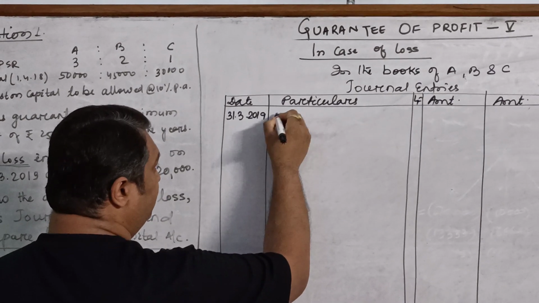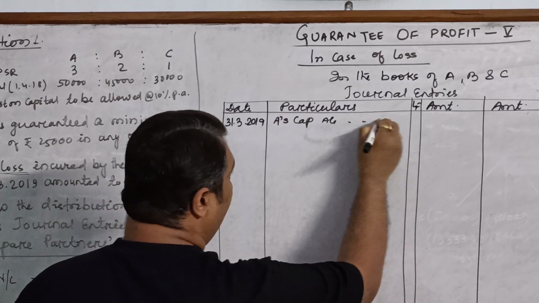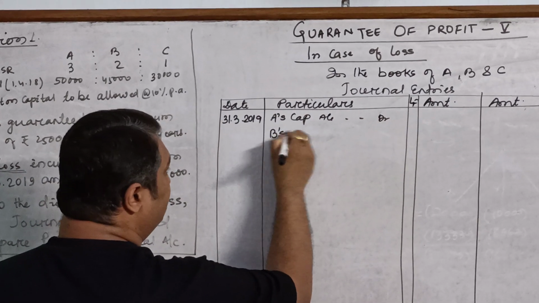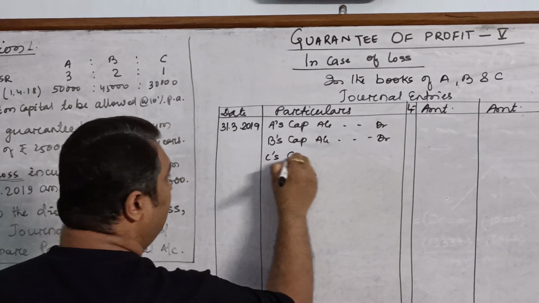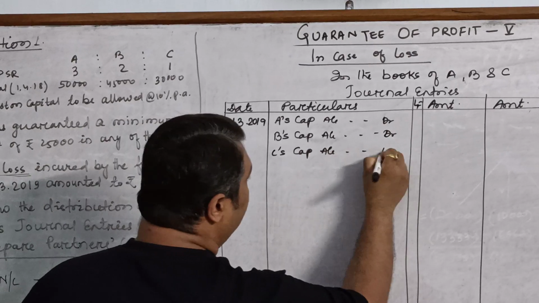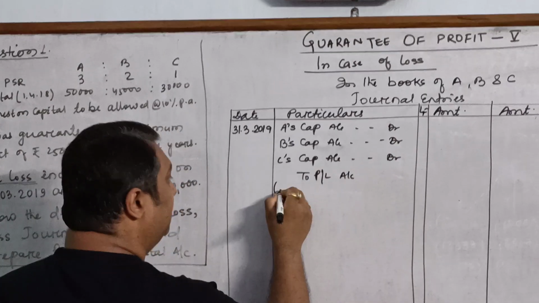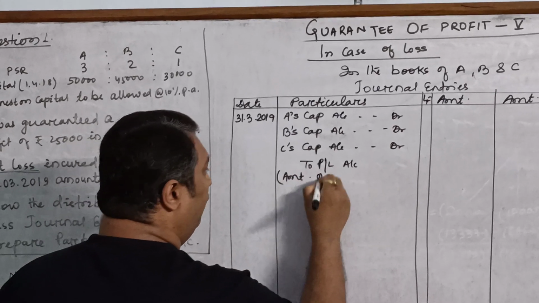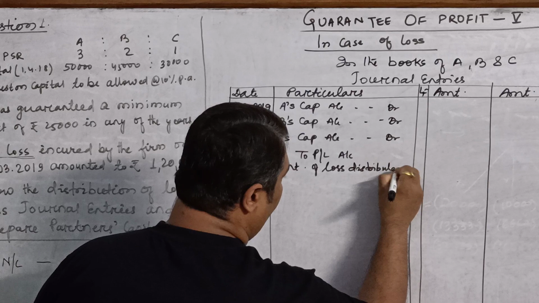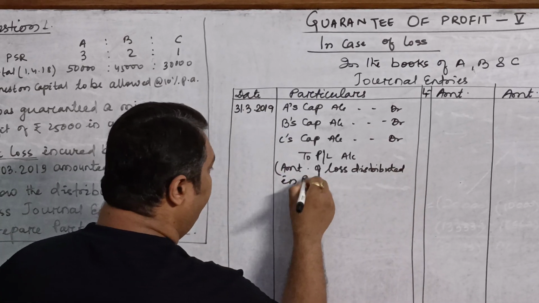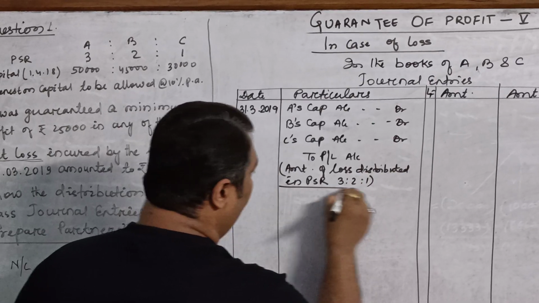The entry will be A's capital account debit, B's capital account debit, C's capital account debit to profit and loss account, amount of loss distributed in profit sharing ratio 3:2:1.